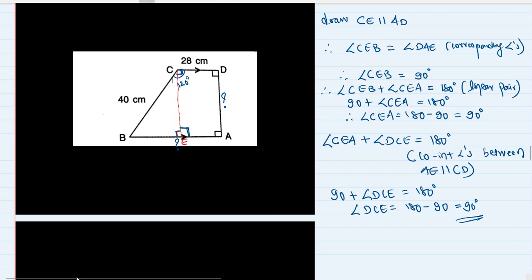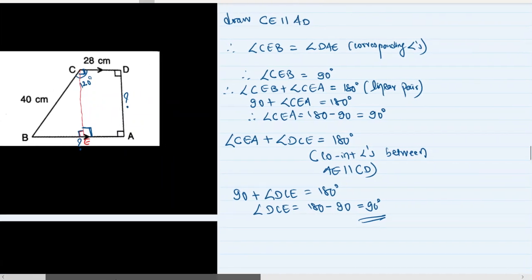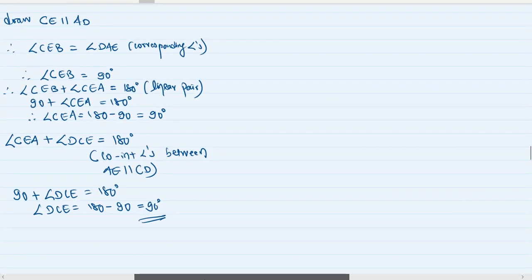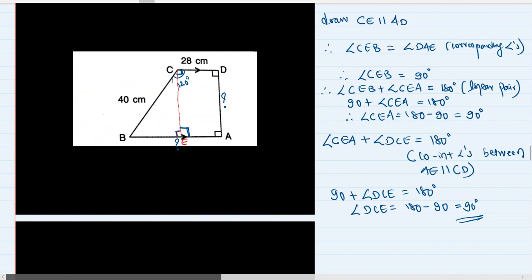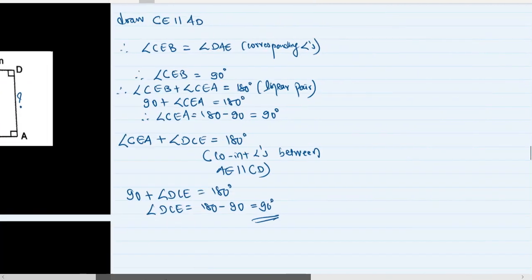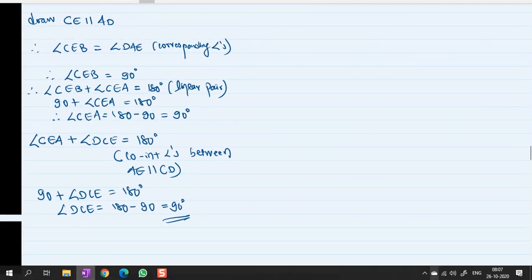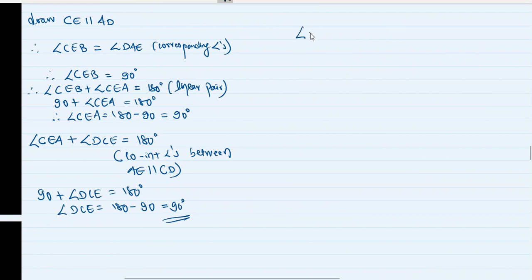Okay, now angle DCB is 120 degrees. What is angle DCB?